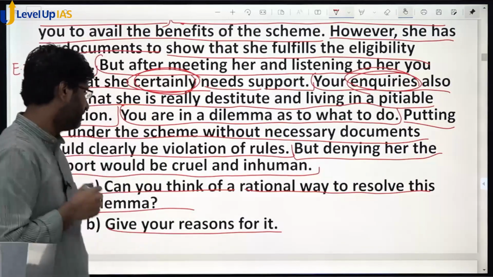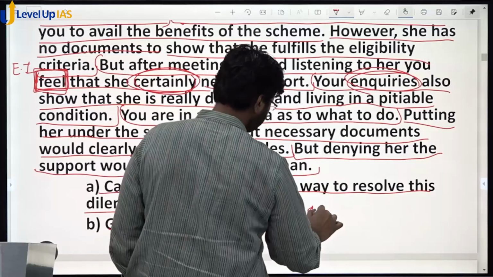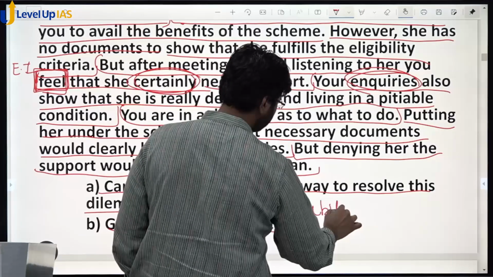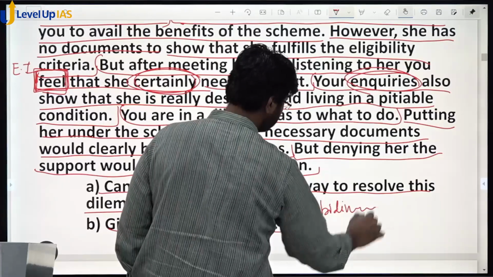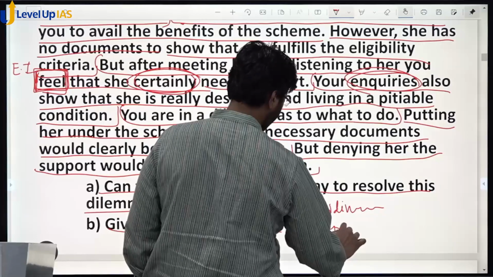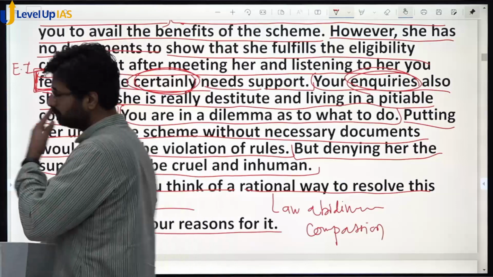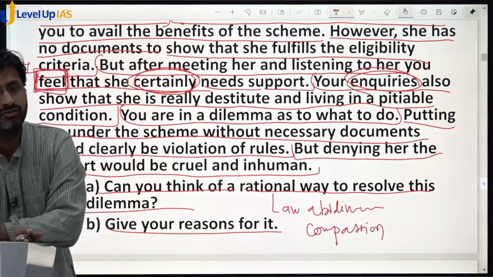So the dilemma is basically between law abidingness and compassion. And obviously as an administrator you are expected to have compassion towards the weaker section.